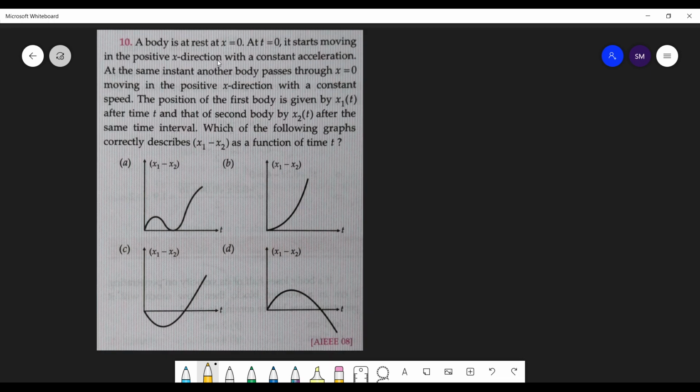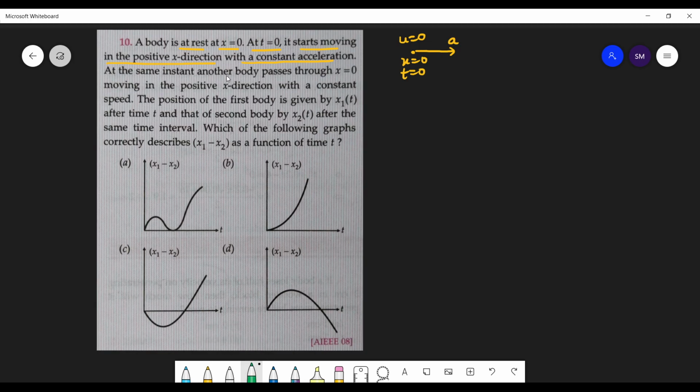First, the body is at rest at x equals 0. At t equals 0, it started moving in the positive direction with constant acceleration. So this is the body moving with constant acceleration: u equals 0, x equals 0, t equals 0.